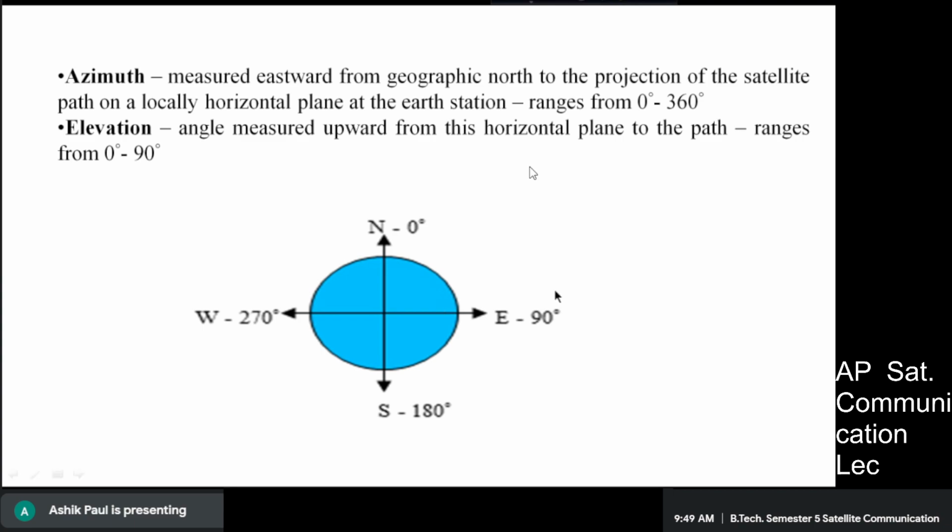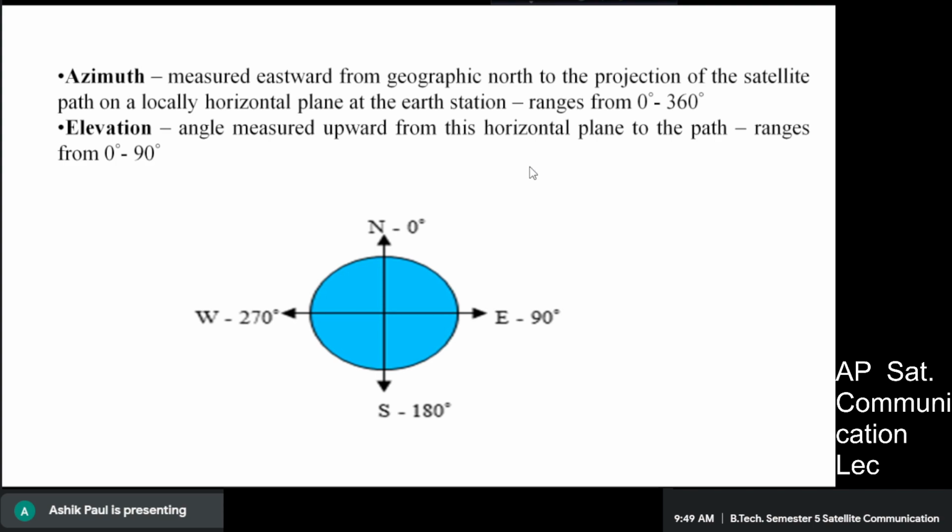Okay, so in the last class, I think someone answered my question that if we are trying to track a geostationary satellite signal from a location in India, from Kolkata, say, then we have to point our antenna towards the south. Because the geostationary satellites are always over the equatorial plane.